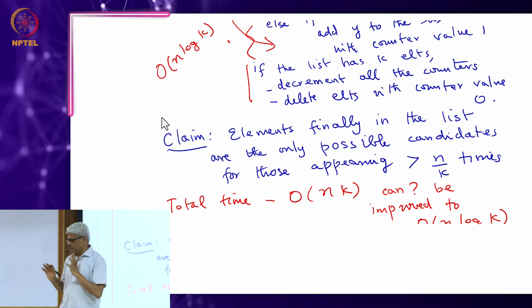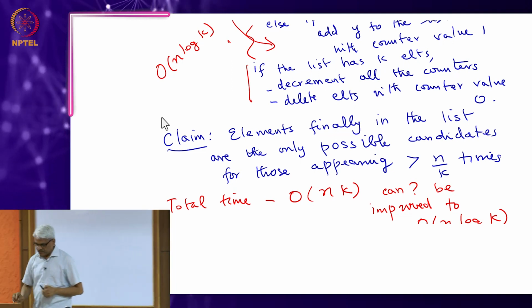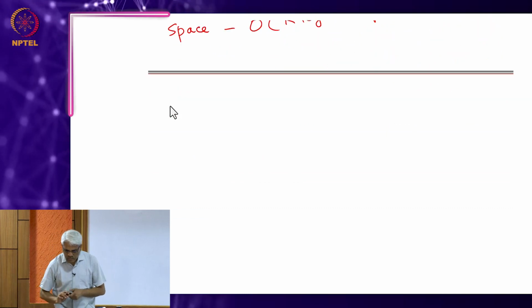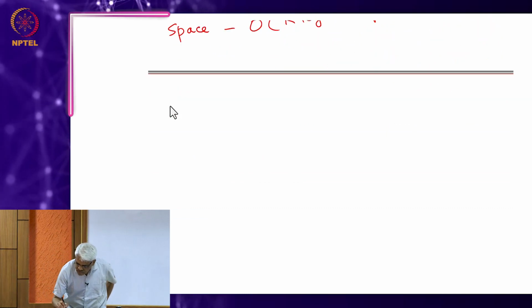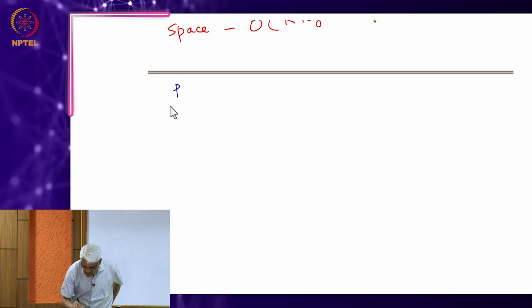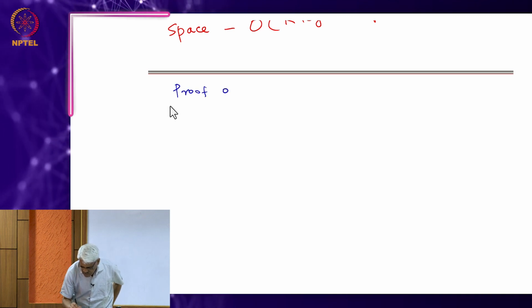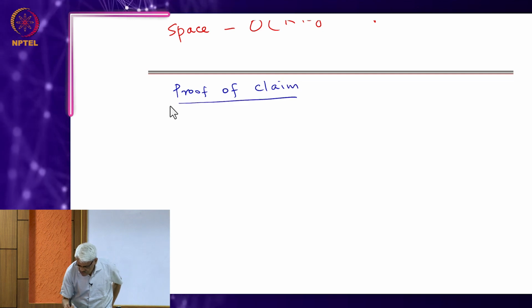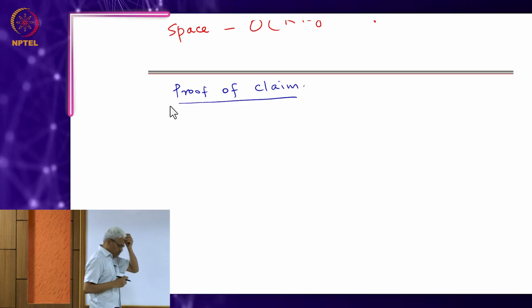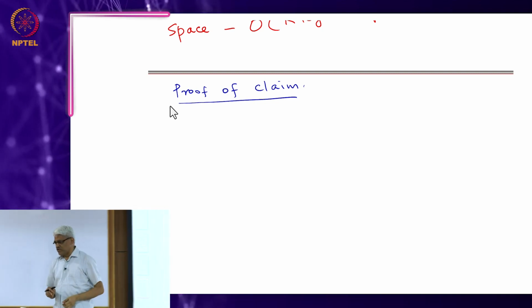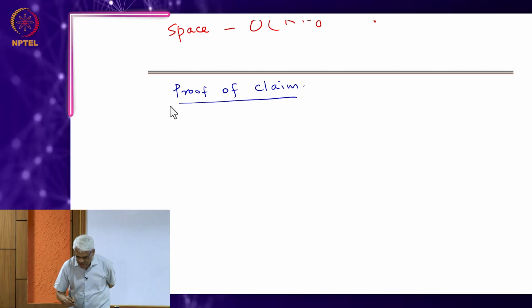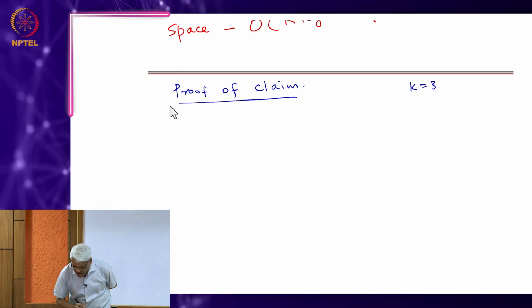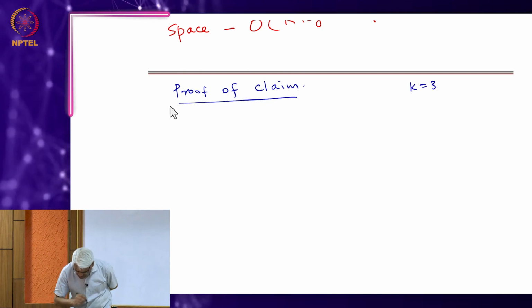It will be like a 2-line proof. So one way to think about this: let's do it on an example. Let's say k is 3, and I want elements.